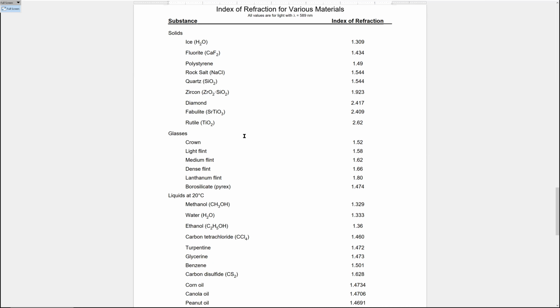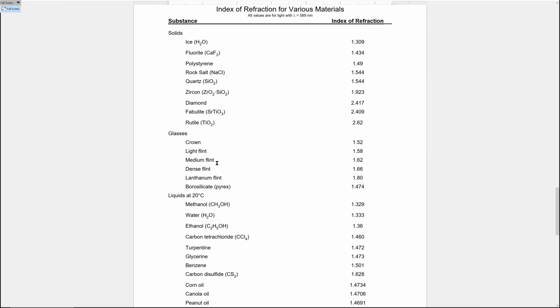Okay, different types of glasses. With those, they're all roughly the same thing, not a whole lot of difference. You can change the index of refraction a little by mixing stuff in. A lot of glass is actually silicon dioxide, or that's one of the primary ingredients, but you can mix other things into it.